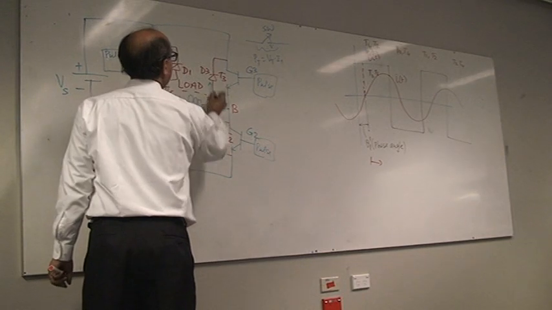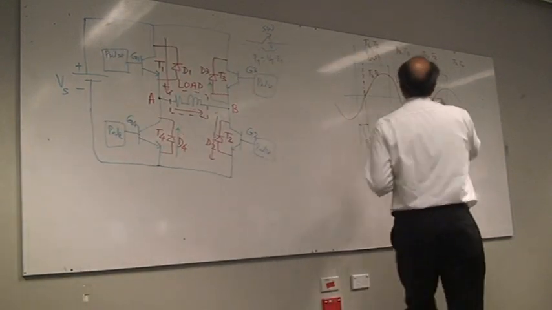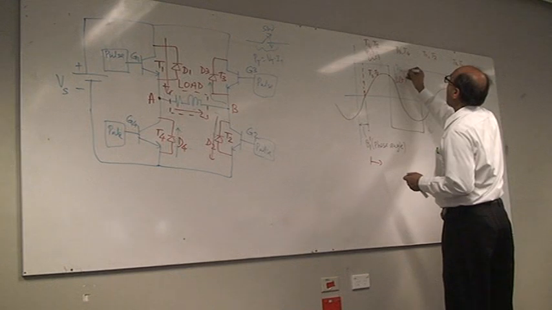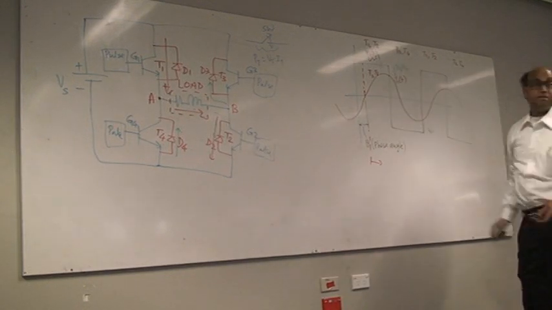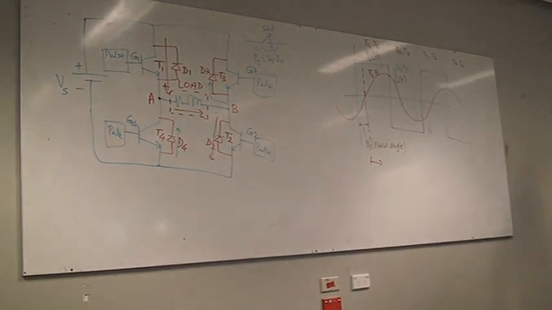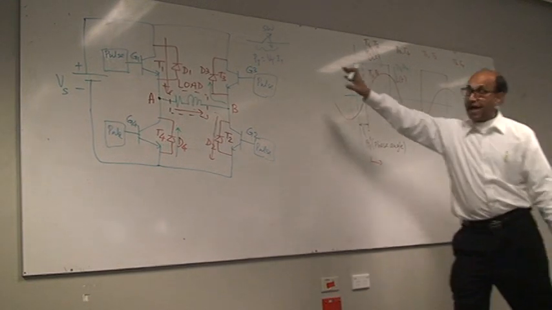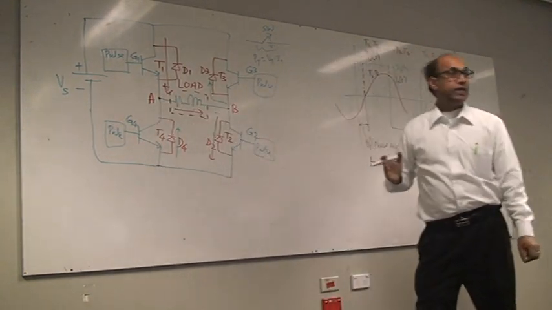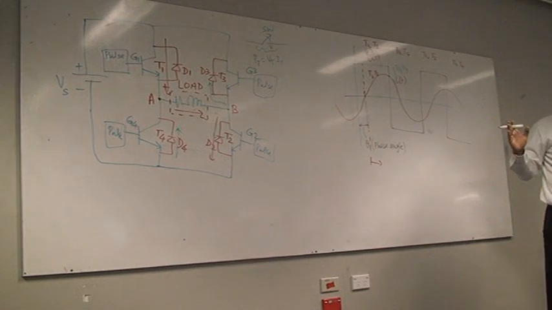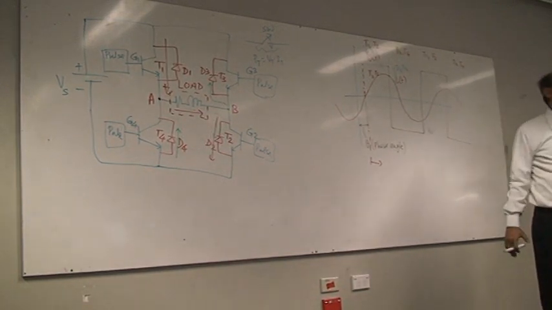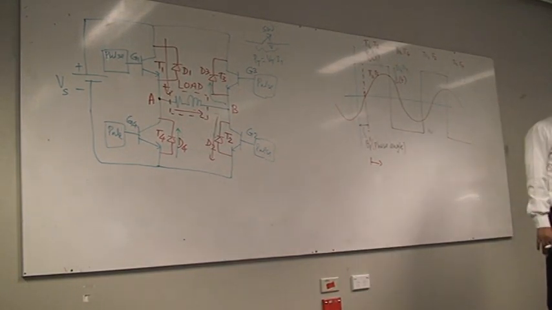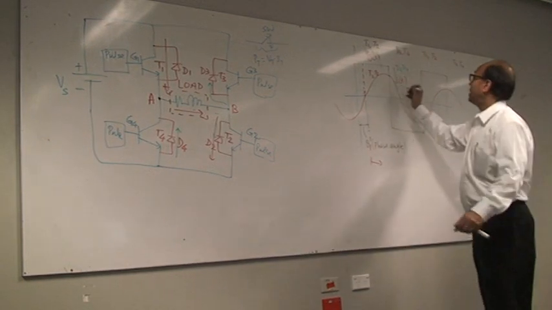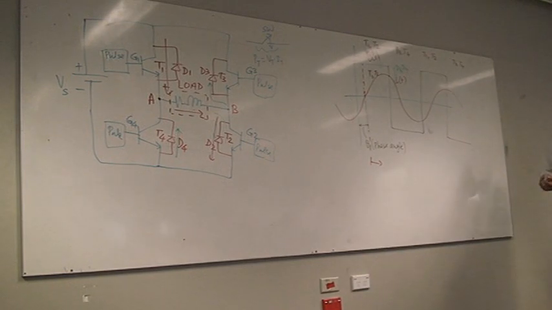So D4 and D3 will conduct this part. You get me? If you do not have these diodes, what will happen? This inductive voltage will abruptly force the current to zero and generate a high L di/dt, and that will damage the transistor. So this part, D3 and D4 will conduct current.